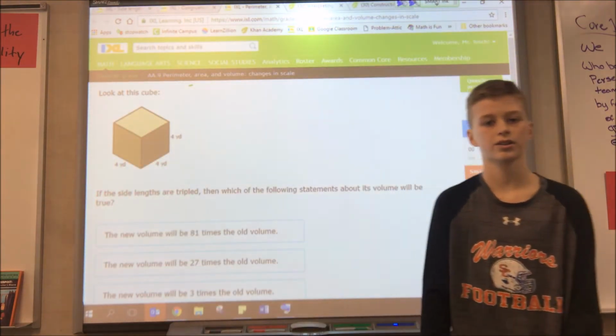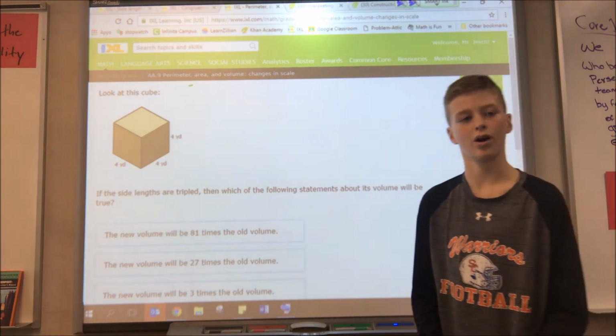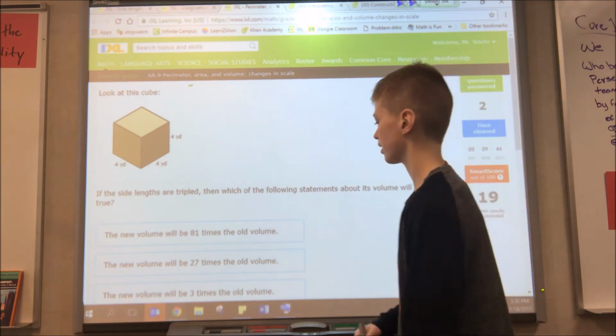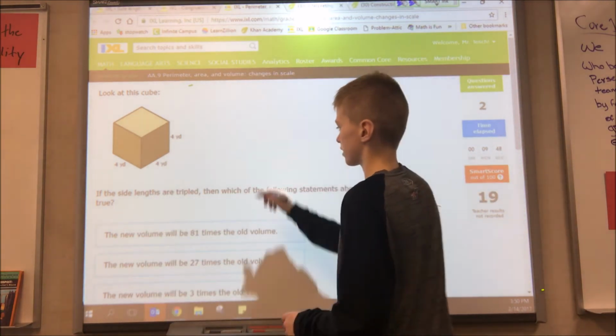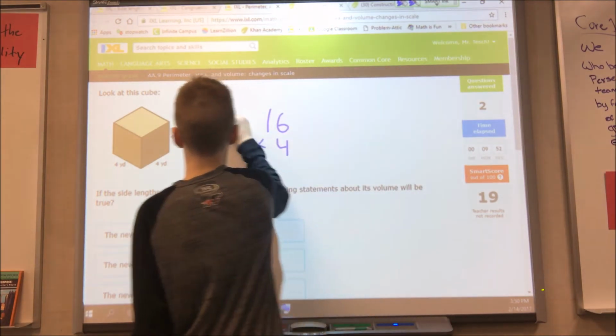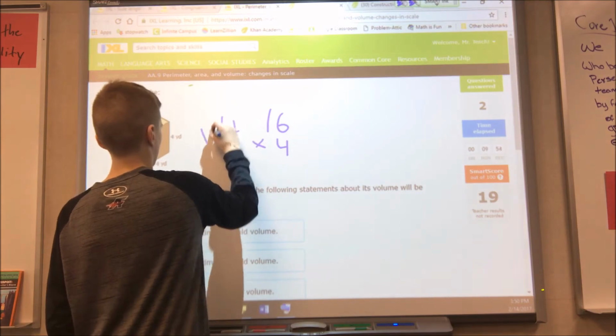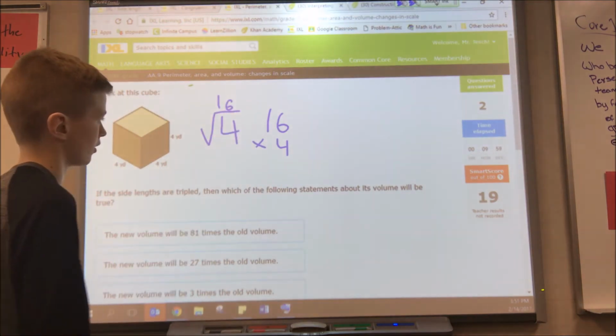So this problem is asking us, if we doubled the side lengths of 4, how much bigger would it be than the old volume? So the first one is 4 times 4, which is 16, because if you times 4 by itself, you get 16.